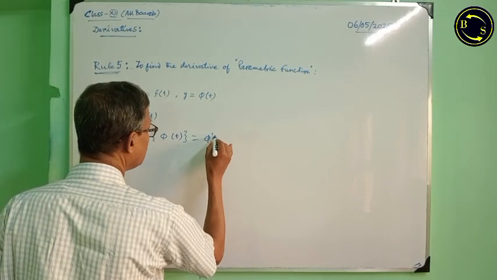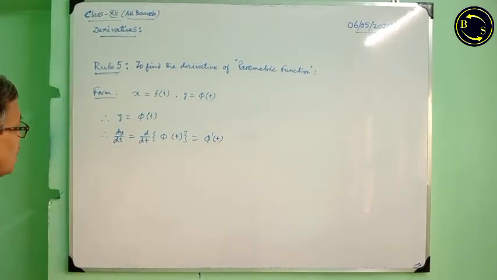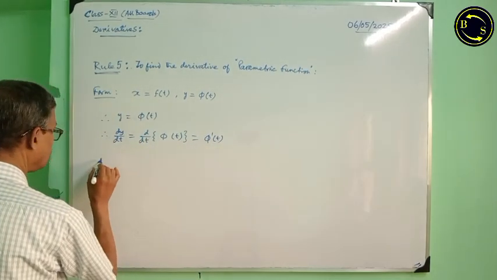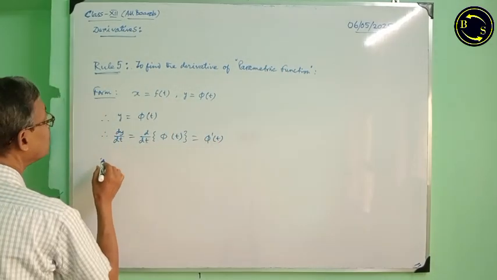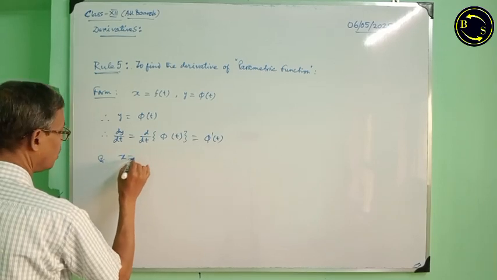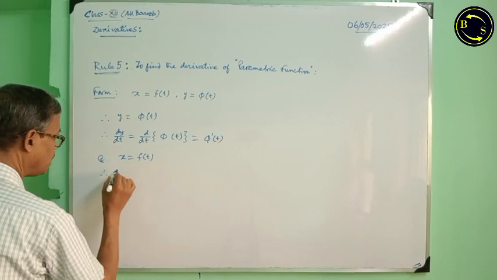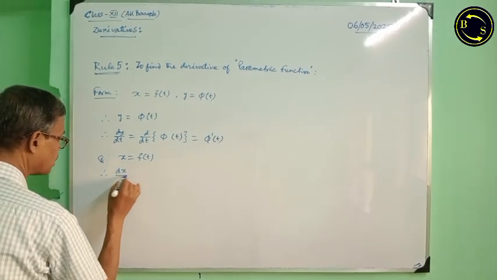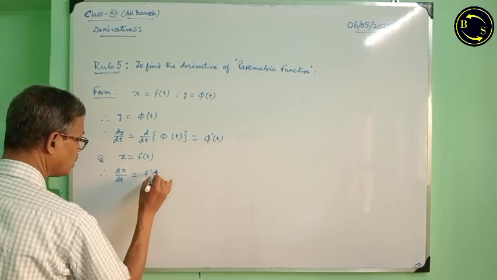I take that as phi dash t. Now, and for x, we can find easily dx/dt, that is f dash t.